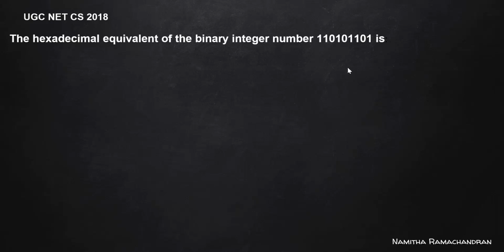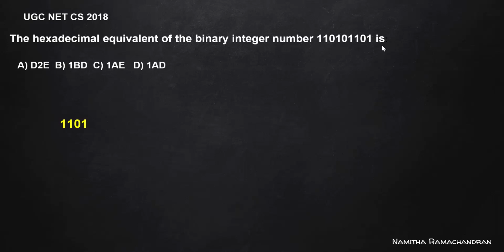In this pattern, we can directly generate its hexadecimal equivalent. For that, we need to group the binary bits: we start from the right hand side, the LSB position, and move towards the MSB position, forming groups of 4 bits.